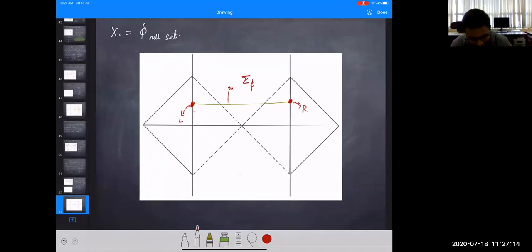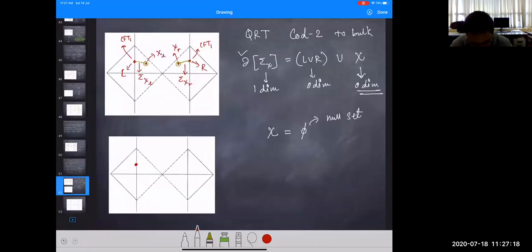So are these two contenders clear? In the sense, first I'm saying that you could have some non-trivial quantum Ryu-Takayanagi surfaces, which I have drawn here. The small green circles are those surfaces. But there is another possibility, which is a null set, and let's see whether the null set satisfies the homology constraint, and it does. So what does that say? Maybe let me write it on the next slide.